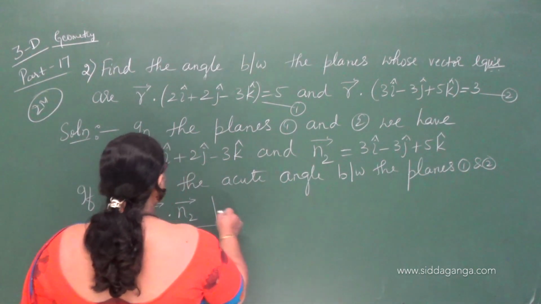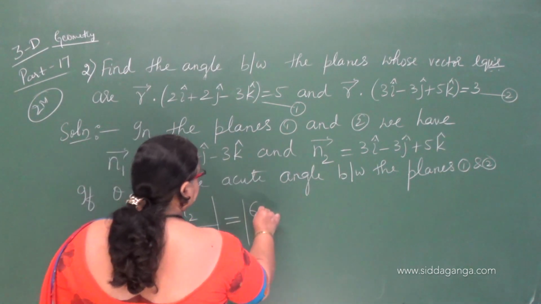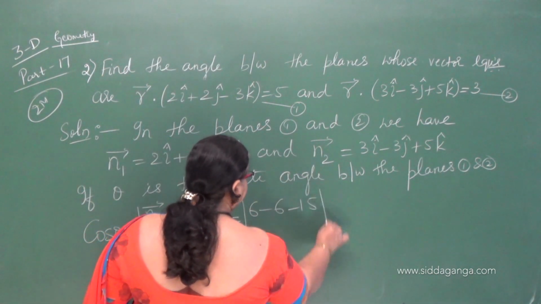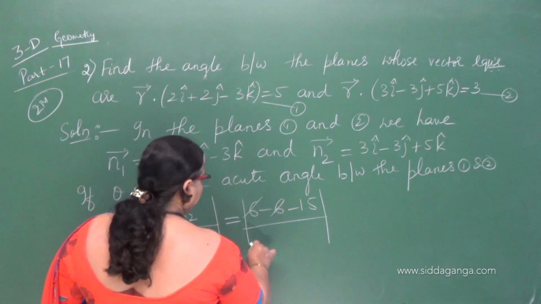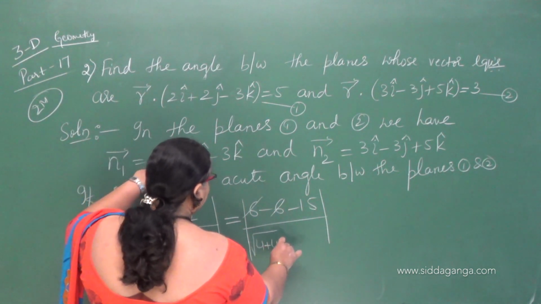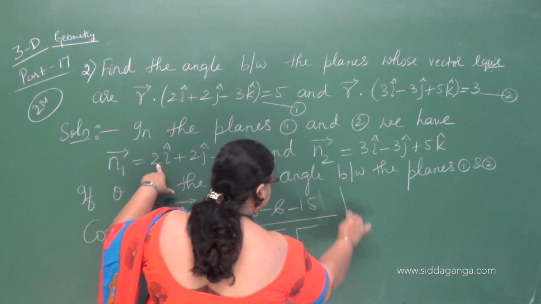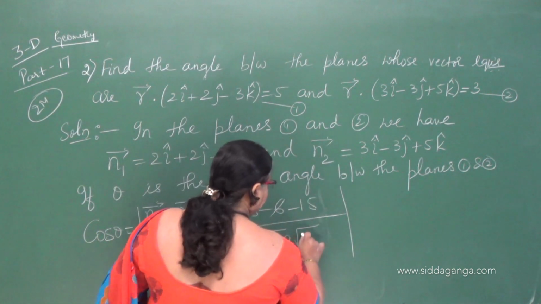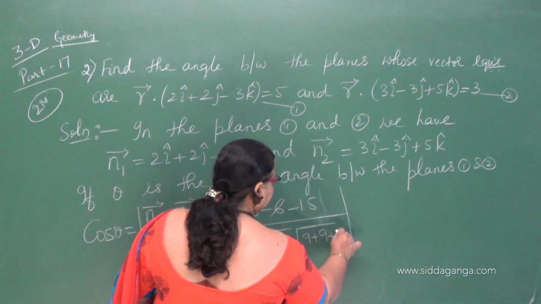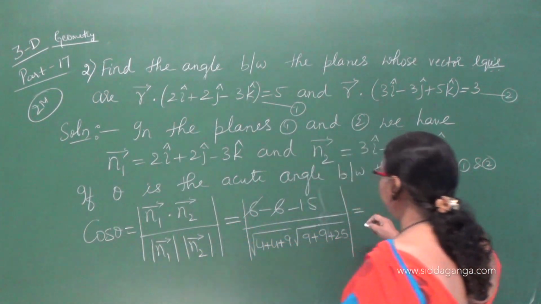So that is equal to 2 into 3, 6, 2 into minus 3, minus 6, minus 3 plus 5, minus 15, divided by root of 2 square, 4 plus 4 plus 3 square is 9, into root of 3 square, 9, minus 3 whole square 9, plus 25, that is equal to minus 15.